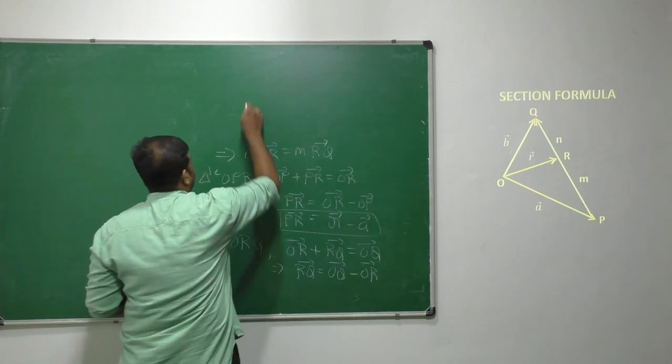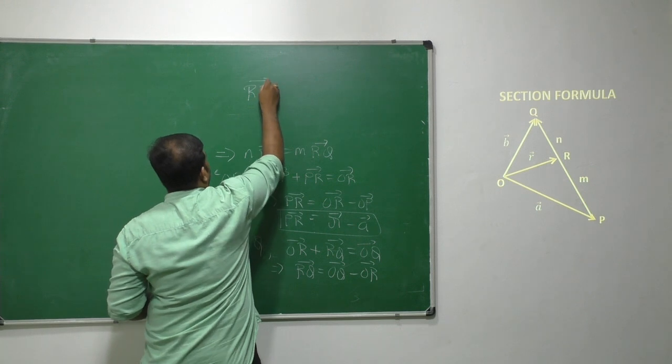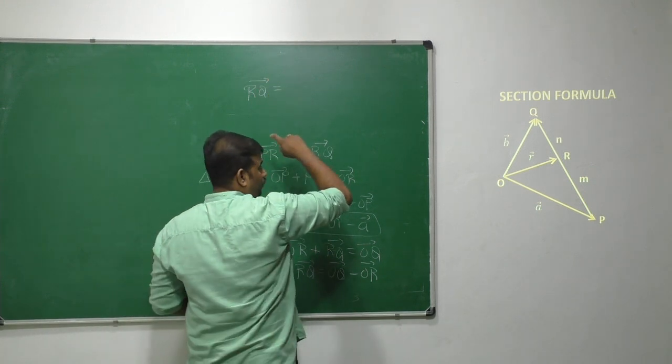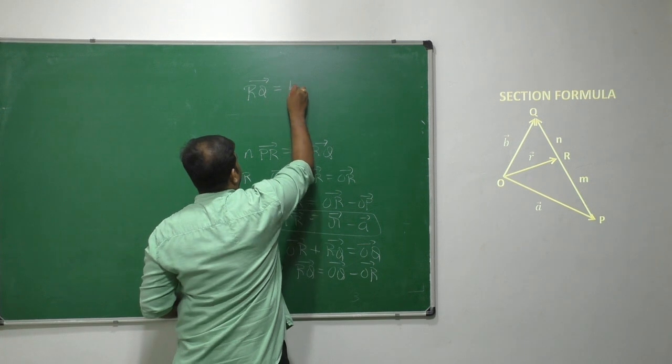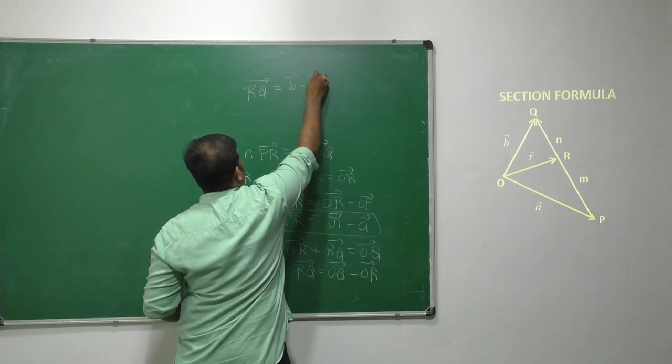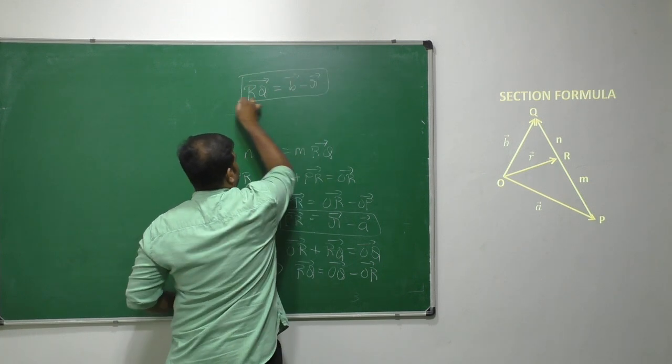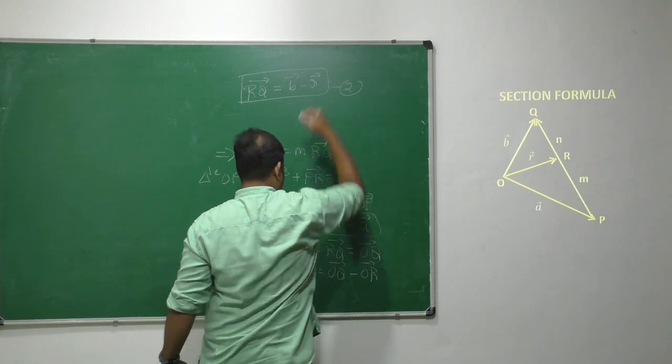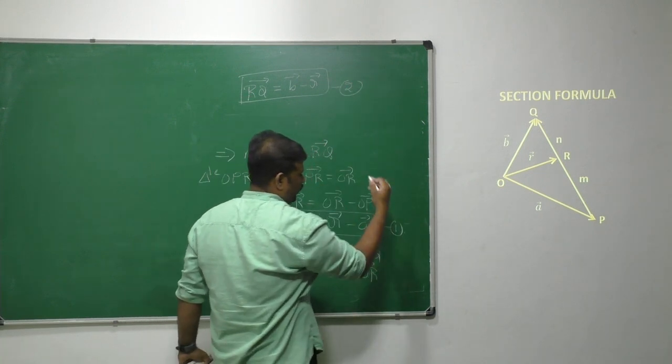What is vector OQ? We have taken it as vector B, minus vector R. So let us take this as equation 2, and the previous one as equation 1.